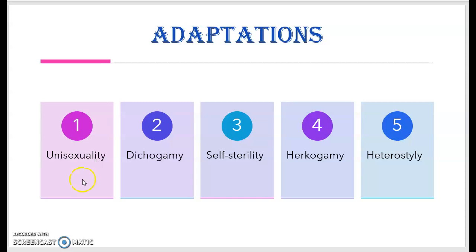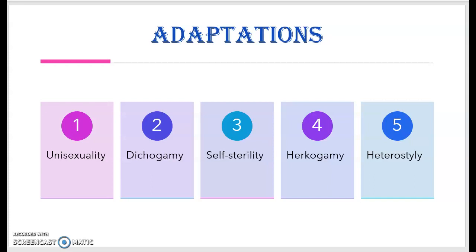Unisexuality. This is the first word that we are going to learn. The meaning of this word, you would already have studied in the last lesson as unisexual plants. So unisexuality completely supports cross-pollination. That means the plant has only either male or female flowers.